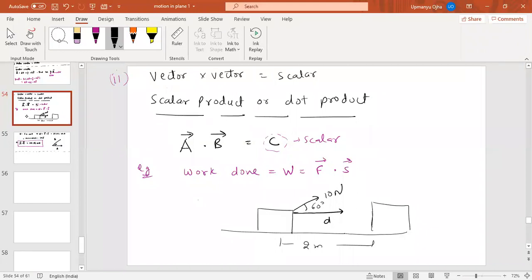How to find whether it is scalar or vector? If the answer is scalar, then it is a scalar quantity. If you multiply vector A with vector B and you are getting a scalar quantity, it means it is a dot product. If you multiply vector with vector and you are getting a vector quantity, then it is a vector product. If you multiply scalar with vector, you are getting a vector.